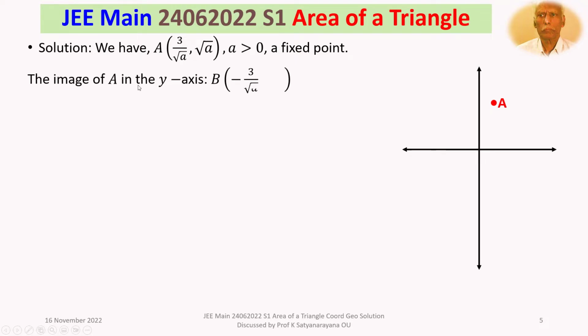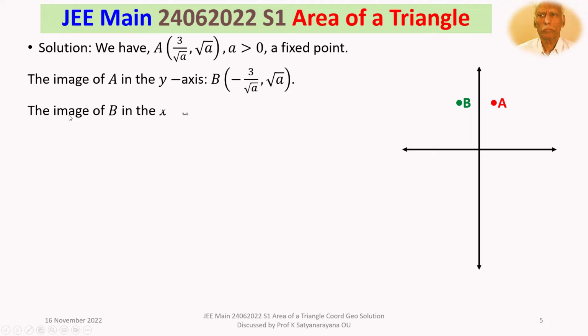The image of A in the y-axis is capital B. If you take the image of A in the y-axis, the abscissa changes its sign, minus 3 by root a. So B is the image of A in the y-axis.